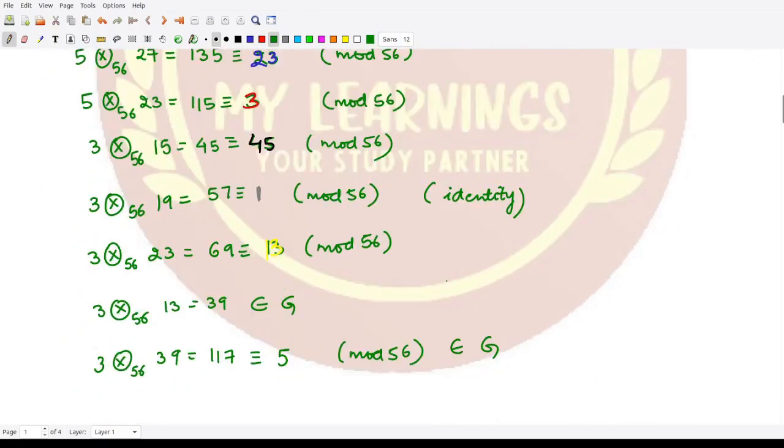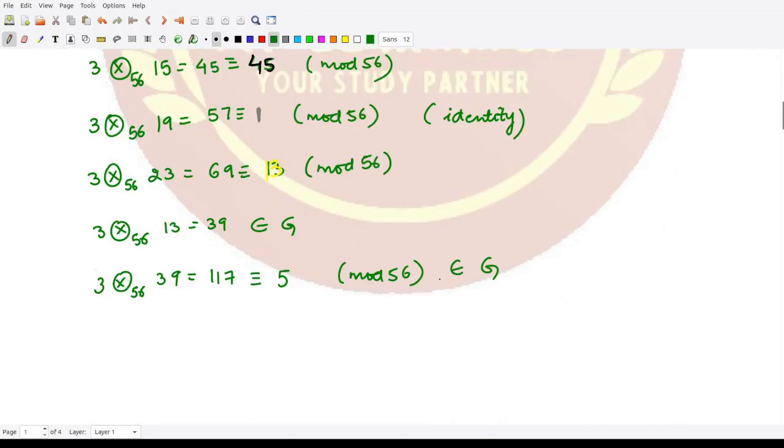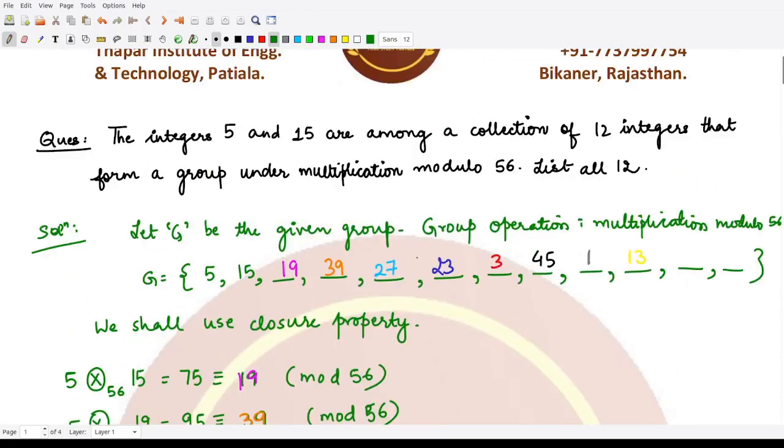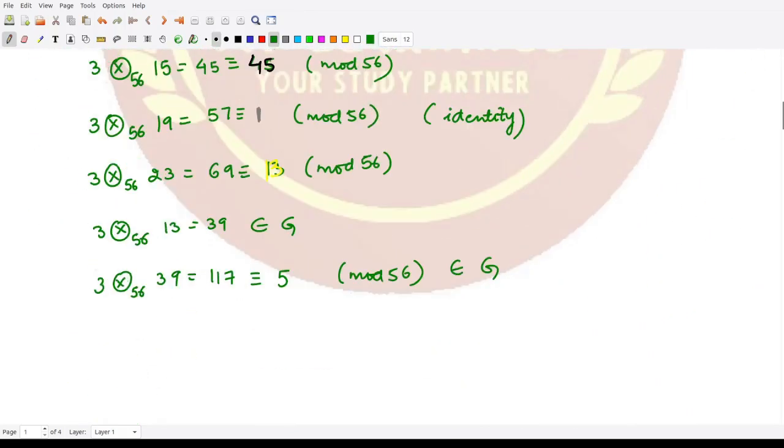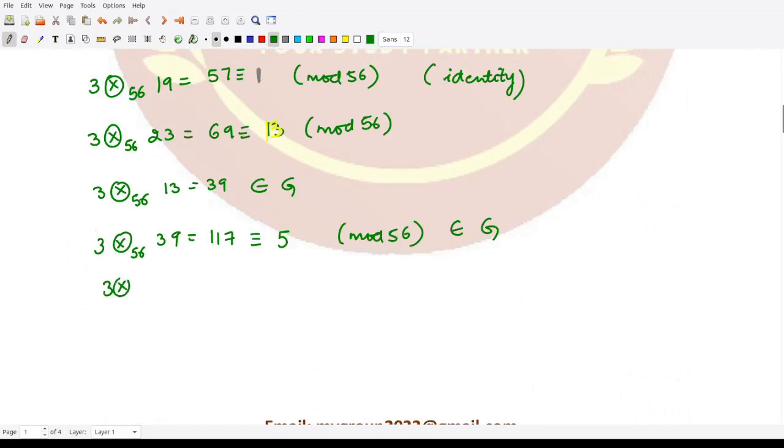5 is already present. Next, we can compute 3 with 27, right? That we have not computed here. So 3 with 27, that is equal to what? So let me tell you here. It comes out to be equal to 81, and when you compute it under mod 56, you see we have a new number here which is 25.